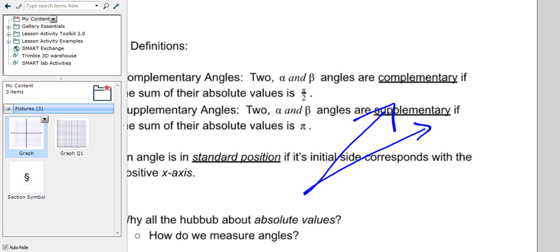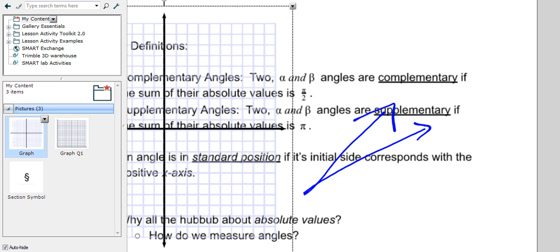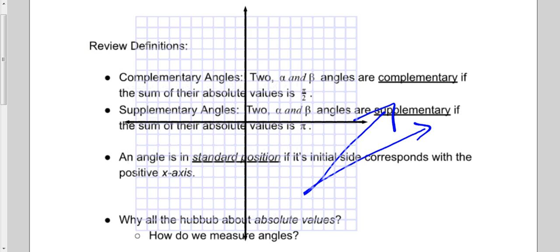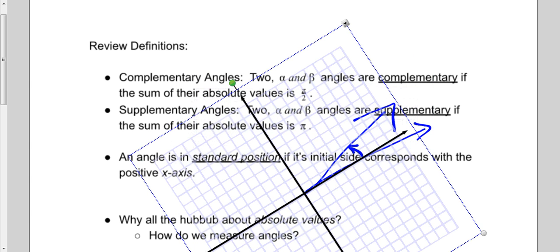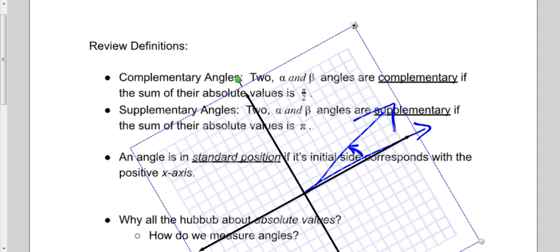I say no. Why do I say no? Because the initial ray does not coincide with the positive x-axis. Well, what about if I do that?